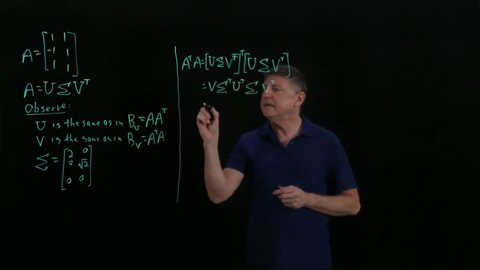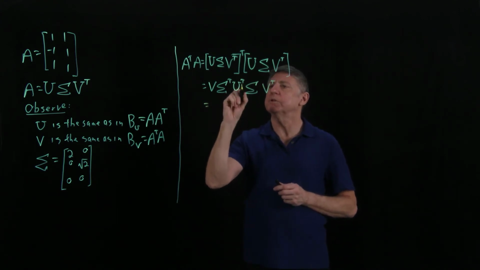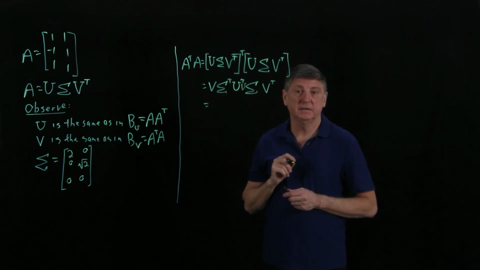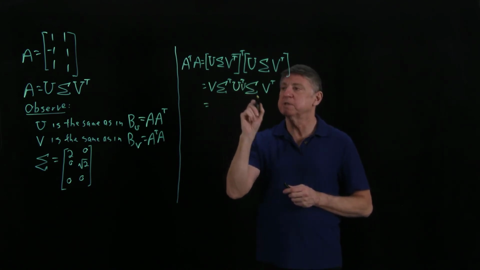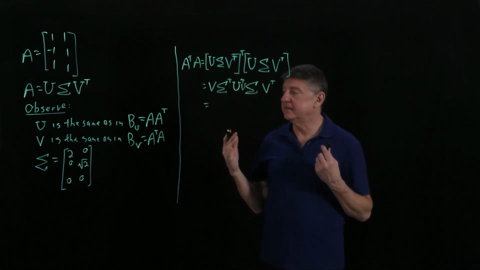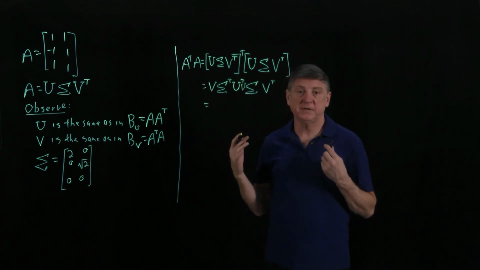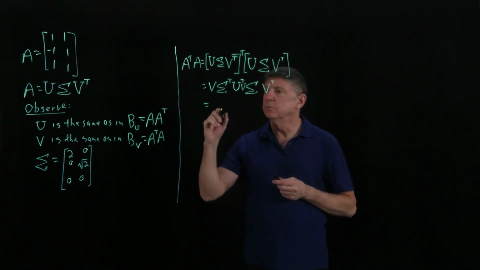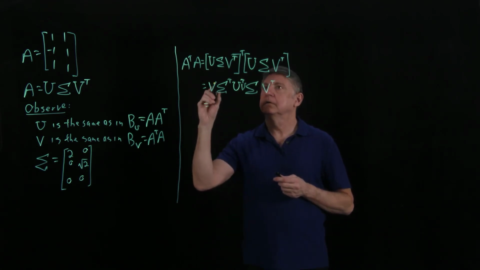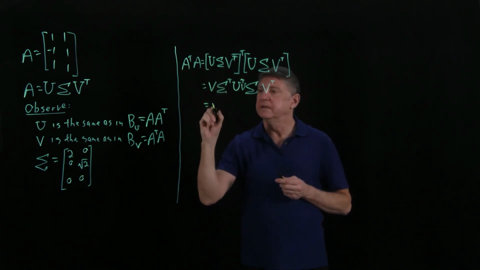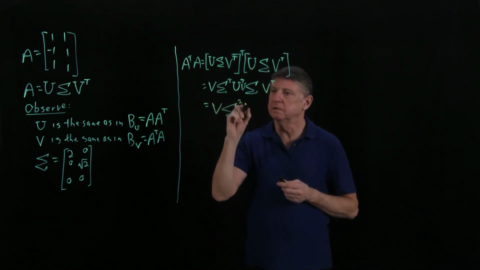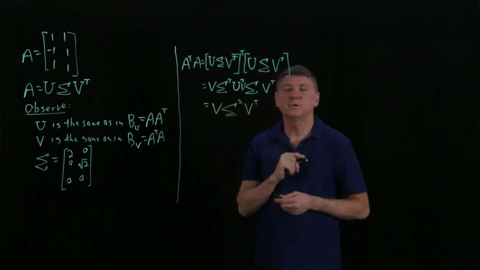Oh, I missed a U. So U transpose U is the identity, and sigma transpose sigma we can write as a square matrix, sigma squared. So that will be V times sigma squared times V transpose.